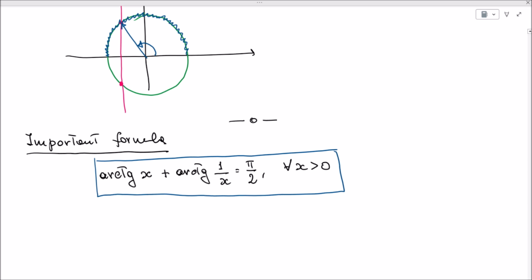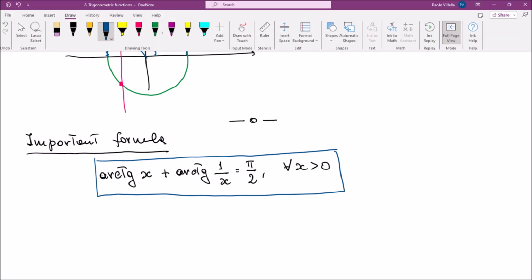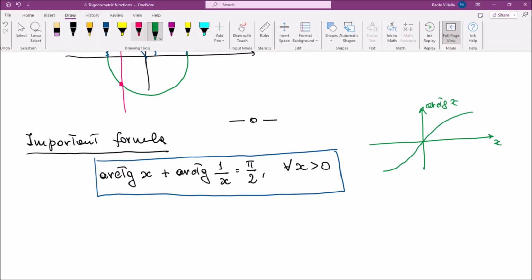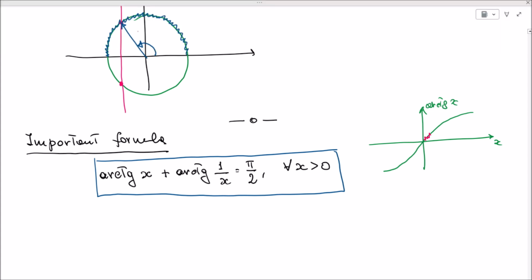In fact, let me remind you here what the arc tangent of x is. We know that the arc tangent of x is defined over the entire R, but we are now just considering this part of the graph, only for x larger than 0.